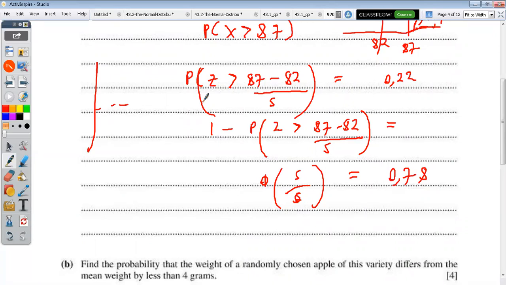So 0.78, what do you get? What do you get for 0.78, or something very close to 0.78?